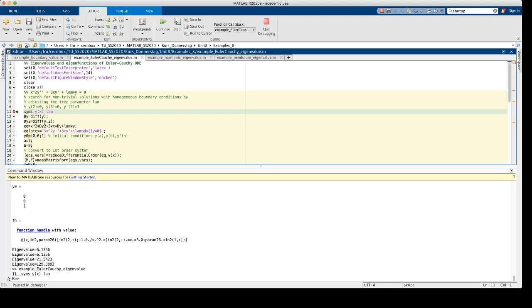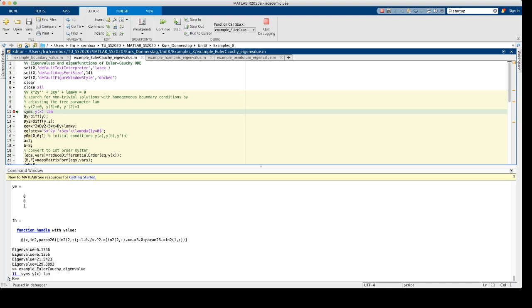And lambda is a free parameter, and we search for non-trivial solutions with homogeneous boundary conditions. So the solution has to be 0 at both ends of the interval, but we are allowed to adjust the free parameter lambda to obtain such a solution.